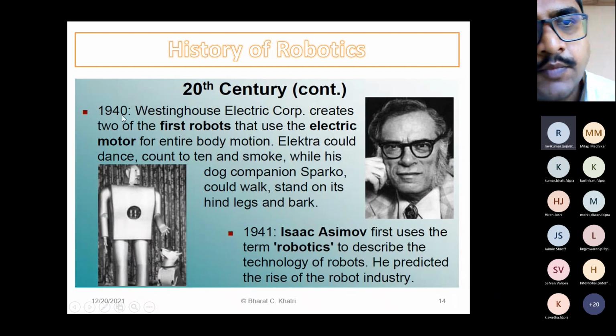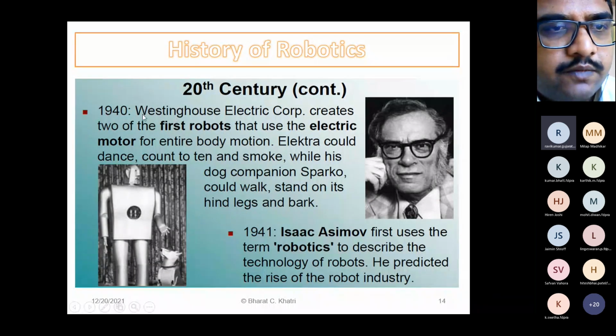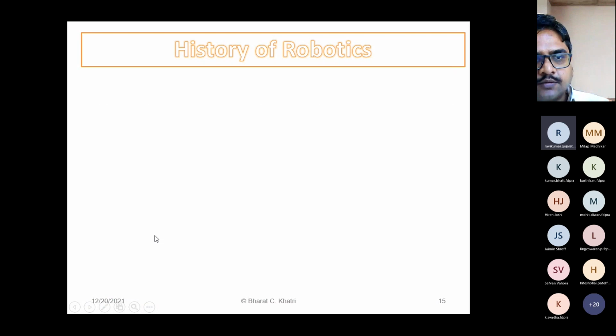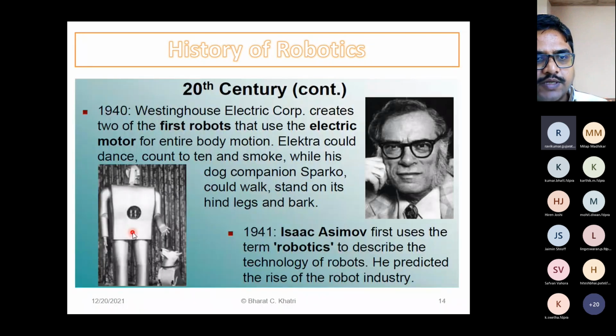In the 20th century, in 1940, Westinghouse Electric Corporation created two robots. The first robot you can see here is a human-like big body called Electra. This Electra can dance, count up to 10, and also speak. So Westinghouse made such a robot in 1940 and gave it the name Electra.